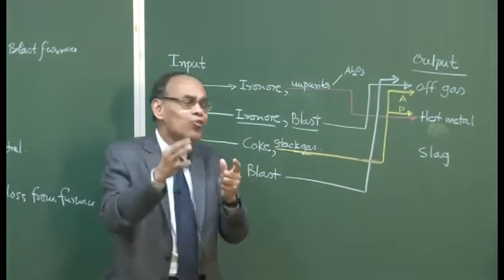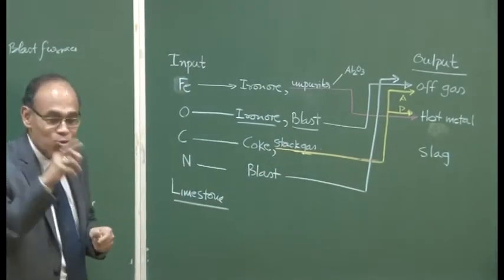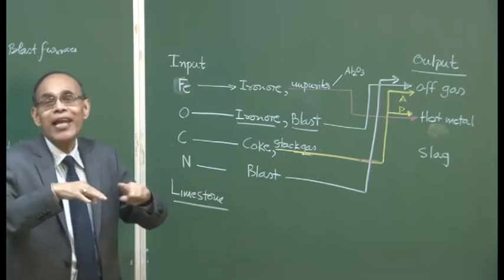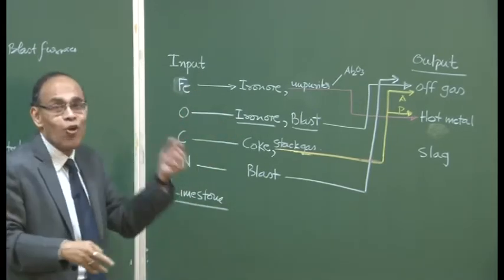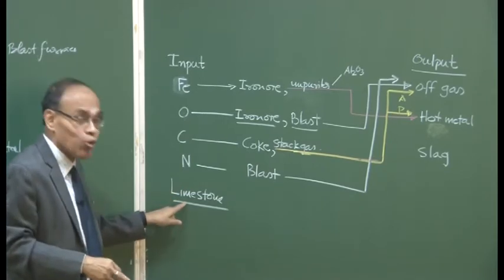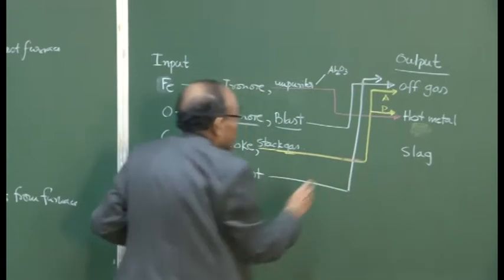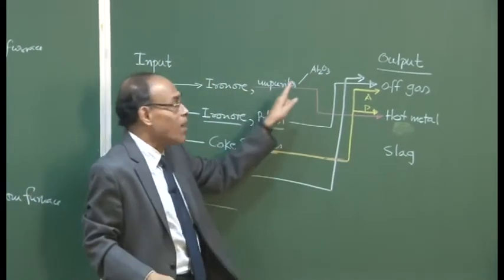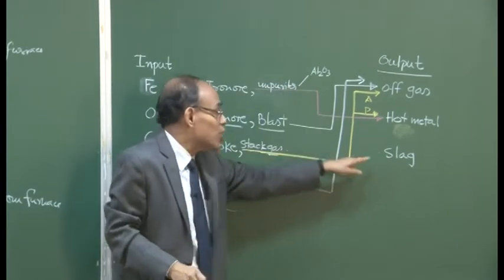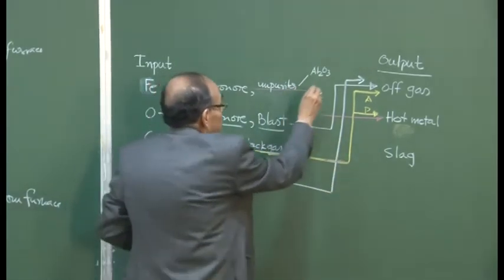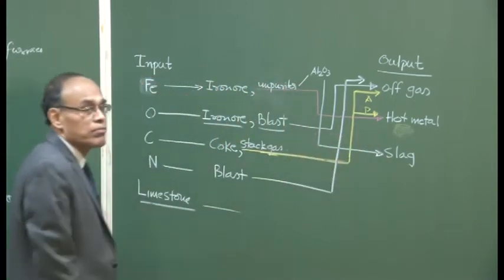So, the entire amount of alumina, and the entire amount of lime, not limestone, may not manifest in any of the balances, and I can say that whatever CaO is coming through the lime, the entire CaO is going to be manifesting in the slag phase. Whatever Al2O3 is coming from the impurities, the entire Al2O3 is going to be manifesting in the slag itself.